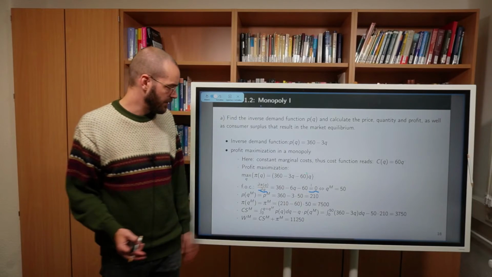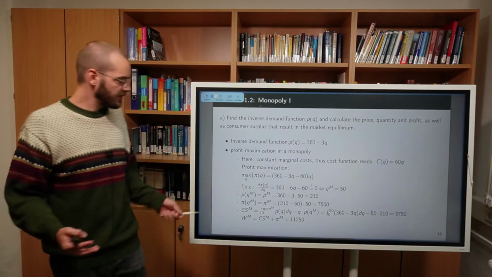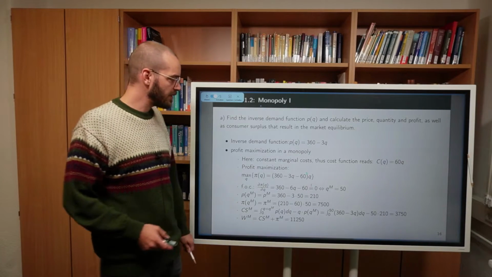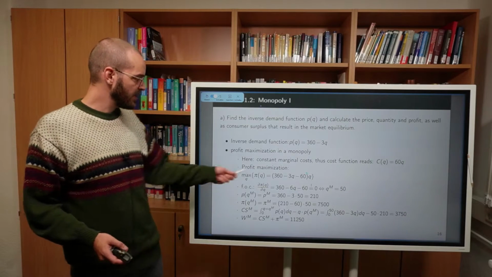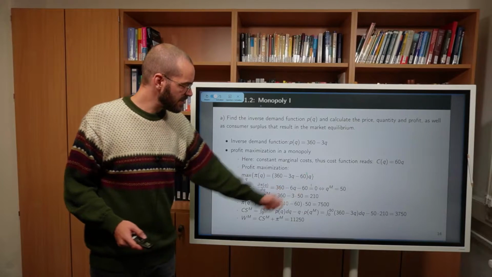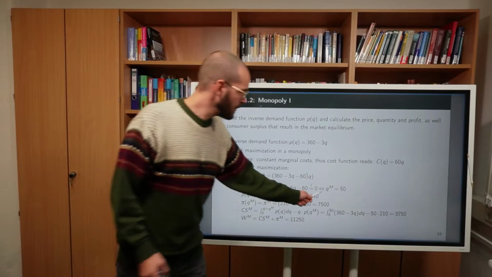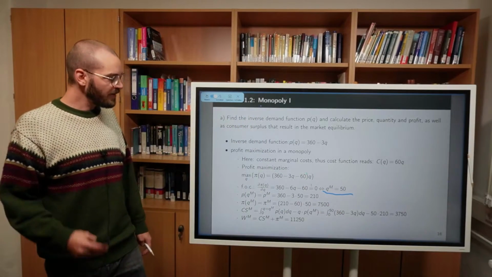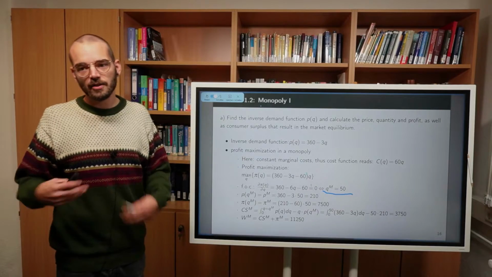All right, so we simply calculate the first order derivative, and by rearranging and solving, namely 360 minus 6Q minus 60 must equal 0, we find out that the profit maximizing quantity equals 50.